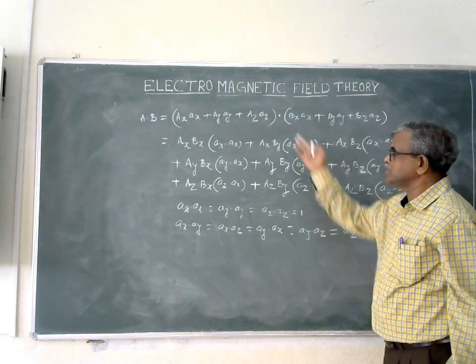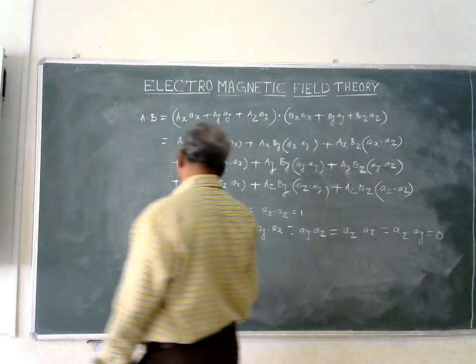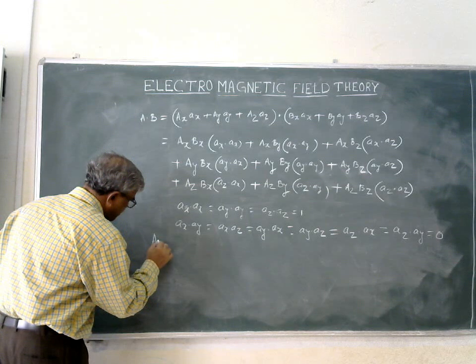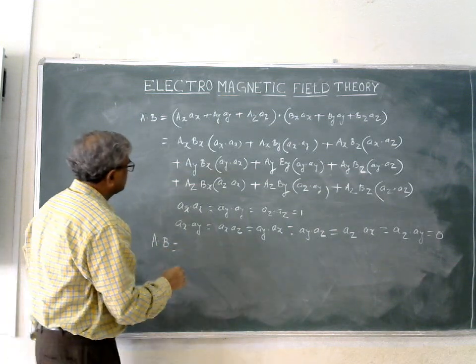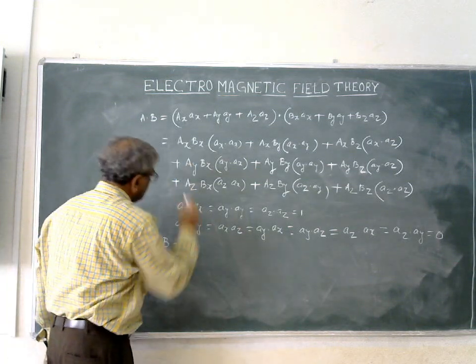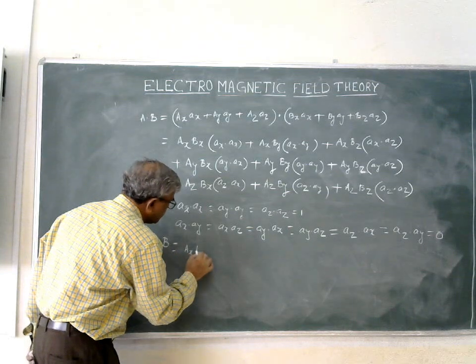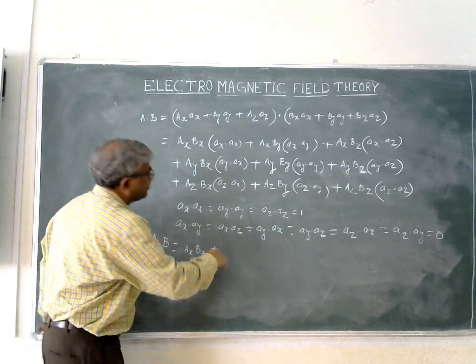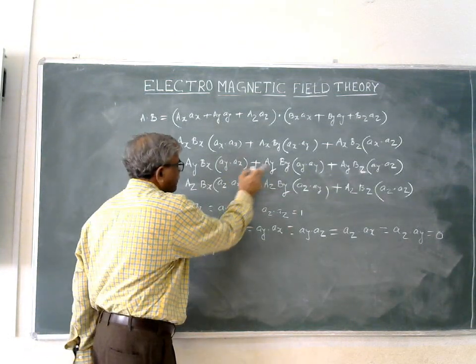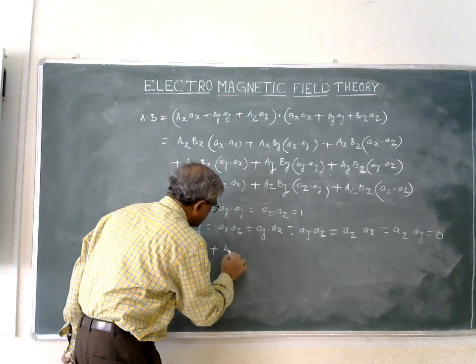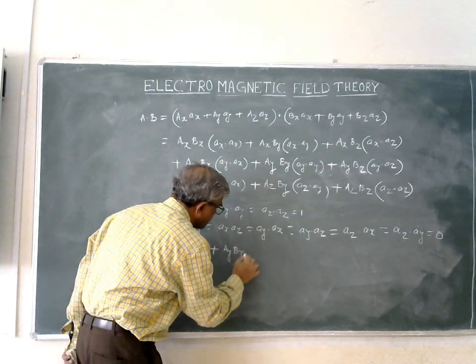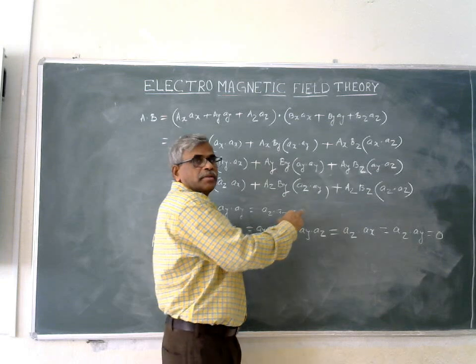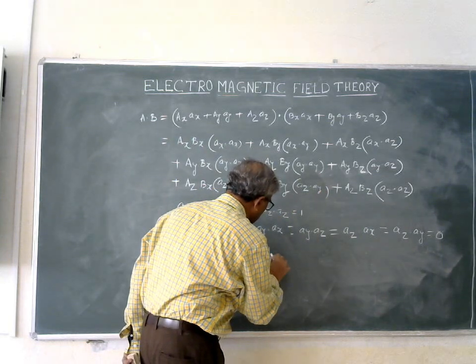Substituting these values in the above equation, we get A dot B is equal to Ax Bx plus Ay By plus Az Bz.